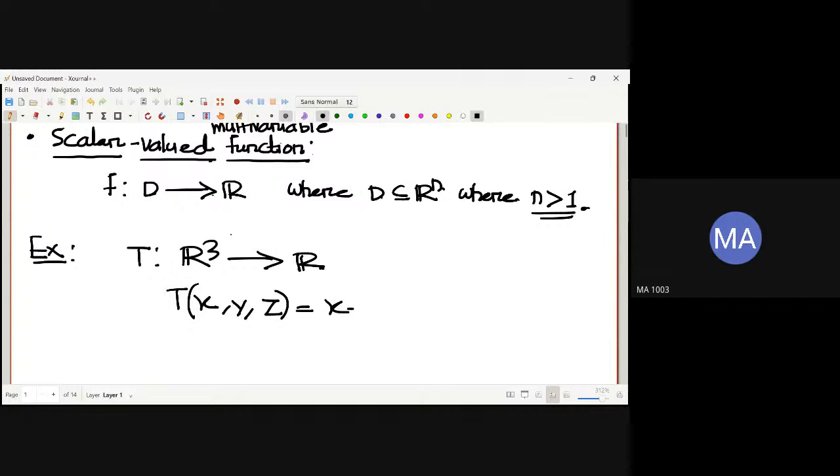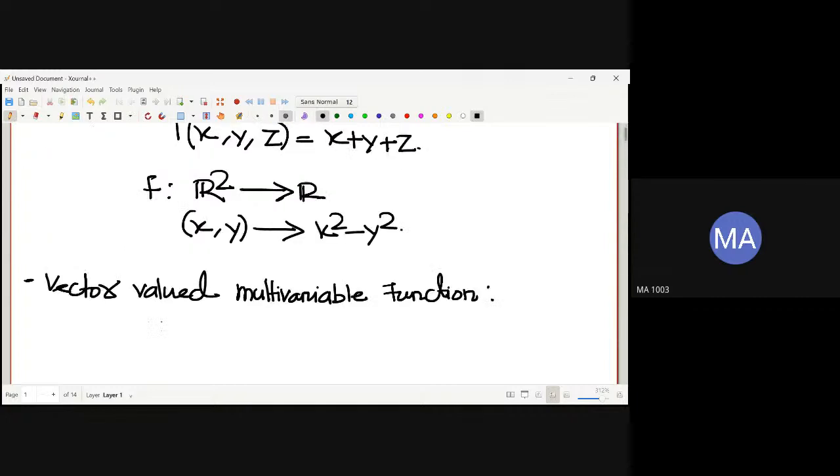Mostly you have two types of function. One is the scalar valued multivariable function, and the other one is the vector valued multivariable function.